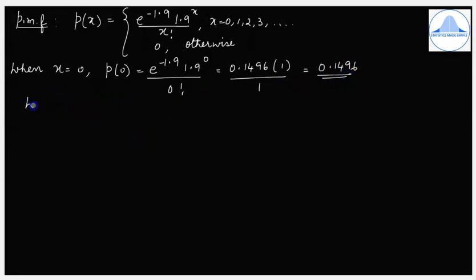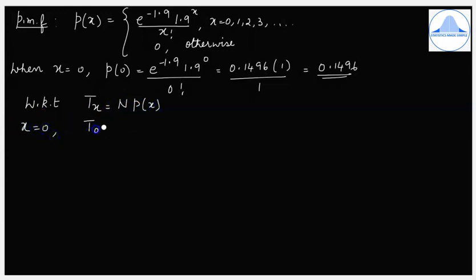Now we know that the expected frequencies or the theoretical frequencies are given by Tx equal to capital N into P of x. Now put x equal to 0.